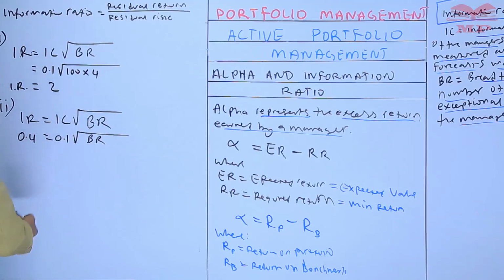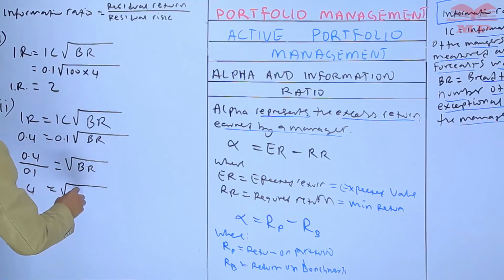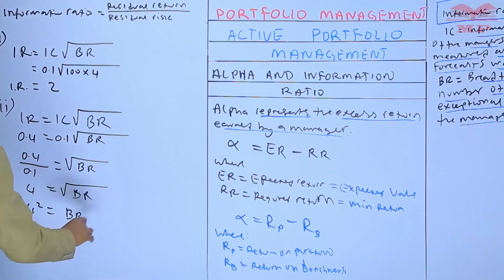First, we divide: 0.4 divided by 0.1 gives 4, which equals the square root of the breadth of the market. Then we square both sides, so 4 squared equals the breadth of the market.